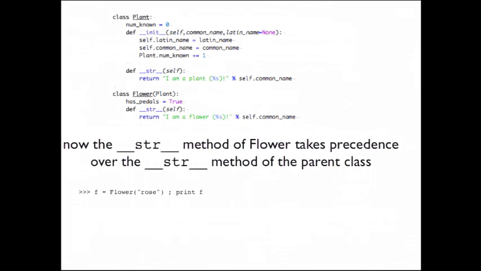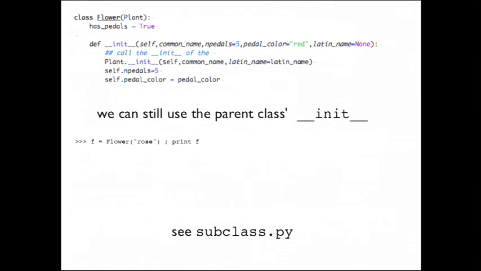You're not using the parent's, you're using yours preferentially. So f equals Flower, rose, print f, I'm a flower. p equals Plant, oak, I'm a plant of oak. So that actually works.